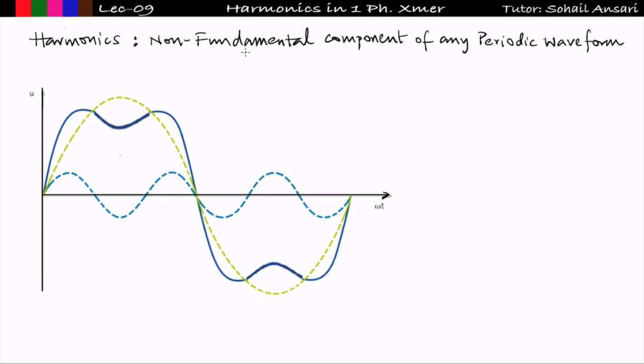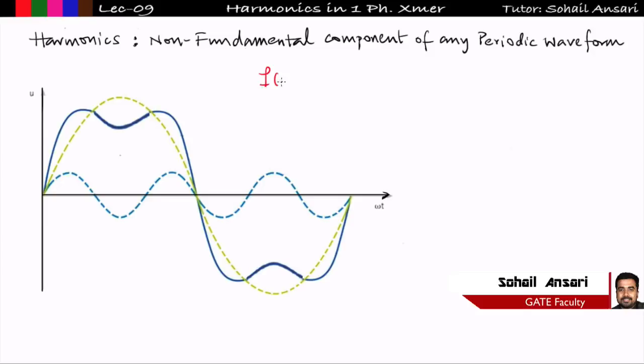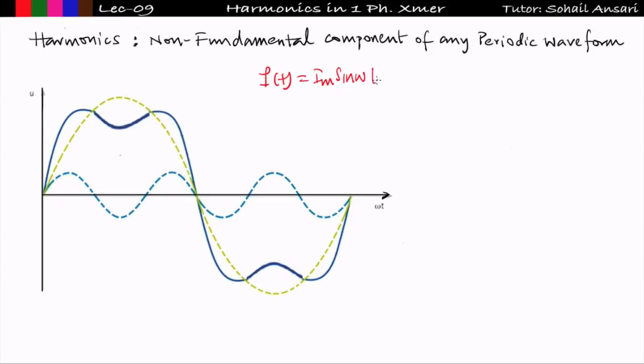So before starting harmonics in single phase transformer, let us try to understand what is harmonics. Harmonics are the non-fundamental component of any periodic waveform. What do you mean by this? Let us take i(t) is equal to Im sine omega t. This is the fundamental component of current.